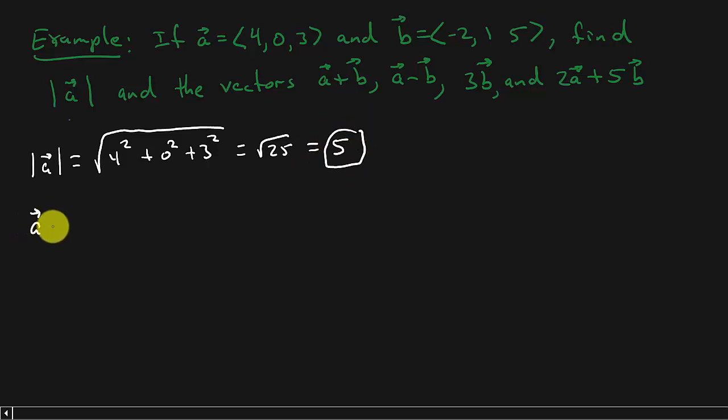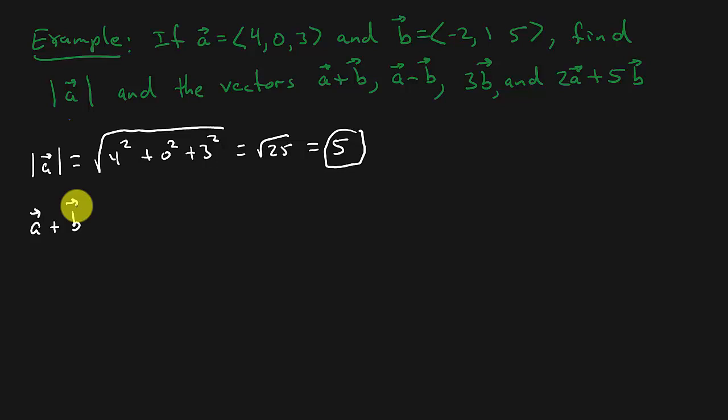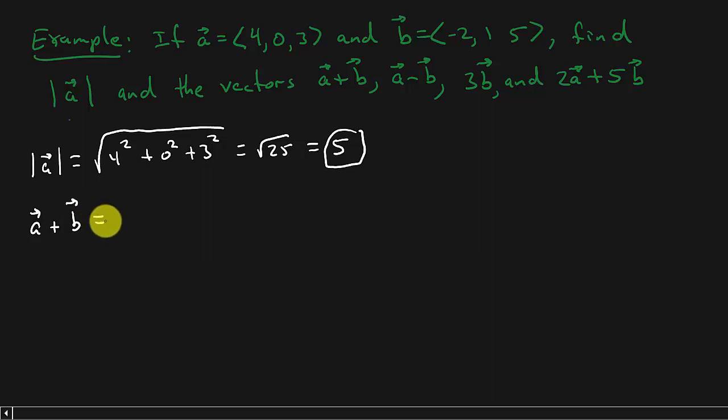Now, let's do vector A plus vector B. And this should be pretty easy for you. If you took trig, then you probably did that in trig or pre-calculus. All right. So let's look at this. We want to do A plus B. So that's just 4, 0, 3 plus negative 2, 1, 5.